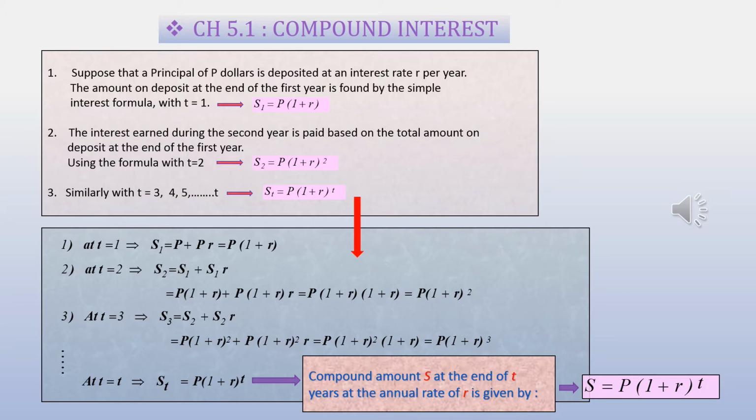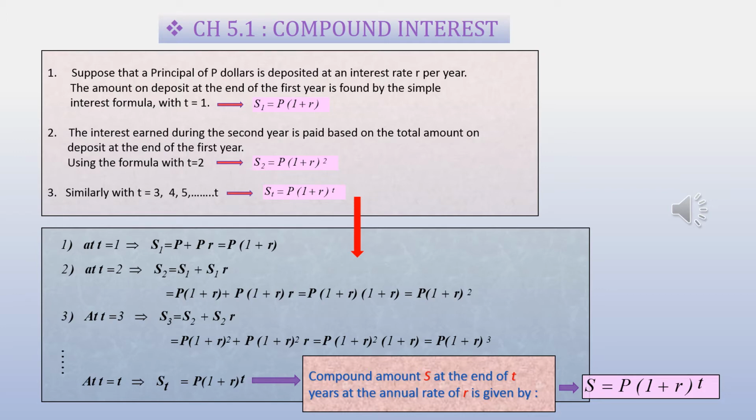Now let's see the third year. At t equal to 3, S3 equal to S2 plus S2 multiplied with R. This is similar to what we have done in the second and in the first year. So S2 here is the principal in the third year.